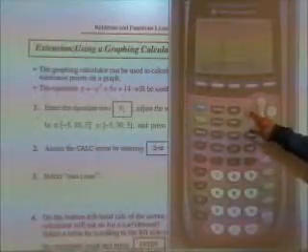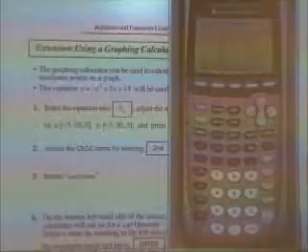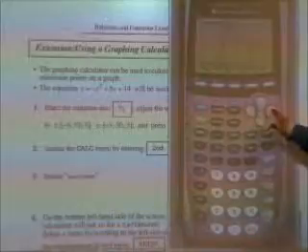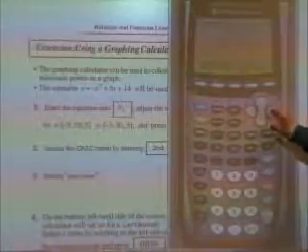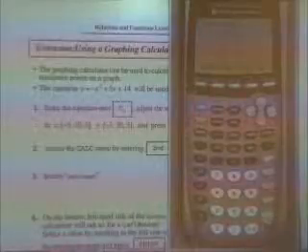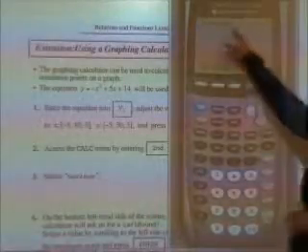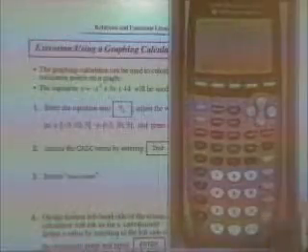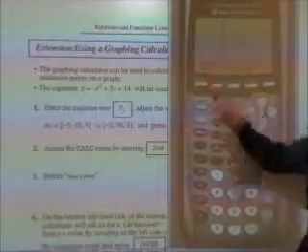Left bound means be on the left side of the maximum. Then press enter and an arrow appears. Then it says right bound, so get to the right side of that maximum point. Press enter and another arrow appears. We want to make sure the 2 arrows are pointing at each other. We press enter again, and it gives me the maximum.